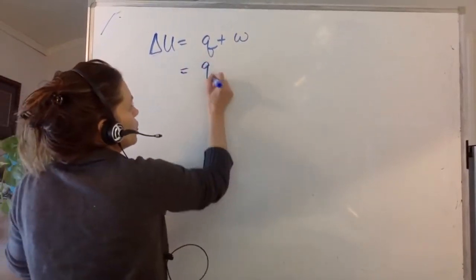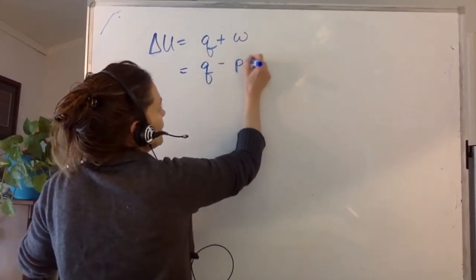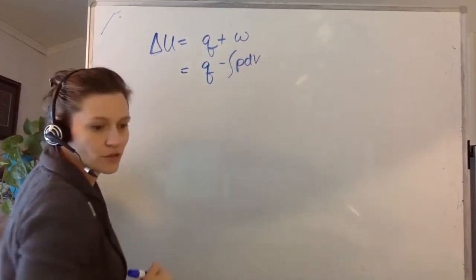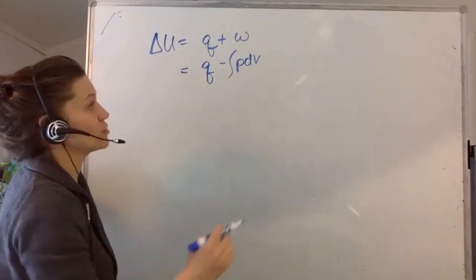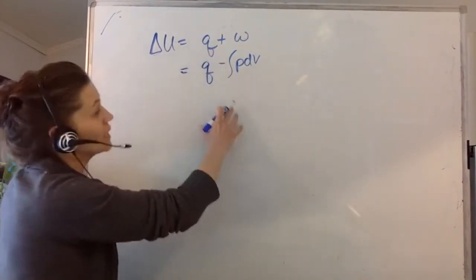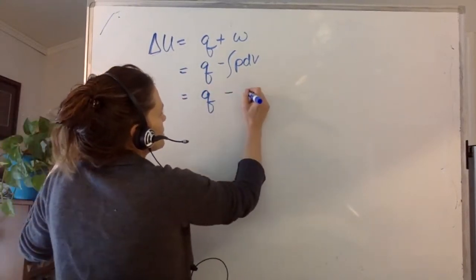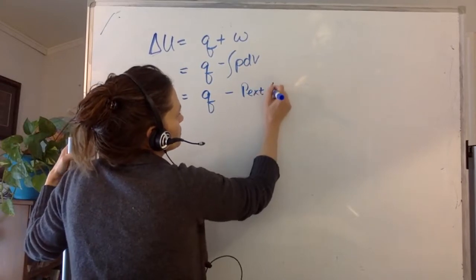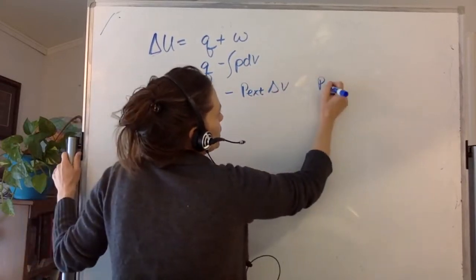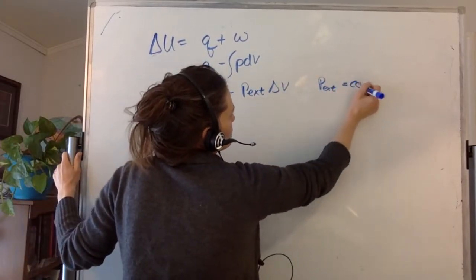We know that the integral of minus P dV is actually what the work is representing. So we can say that this equals Q minus P external delta V, for P external equals a constant.